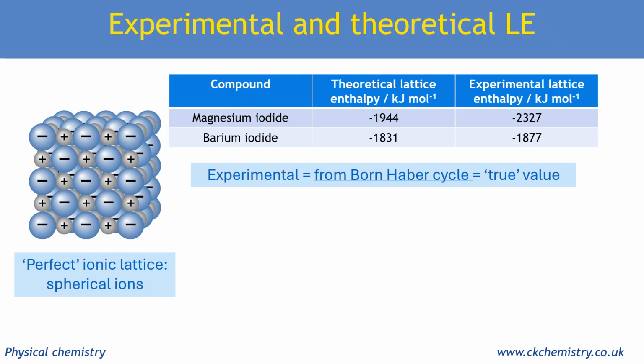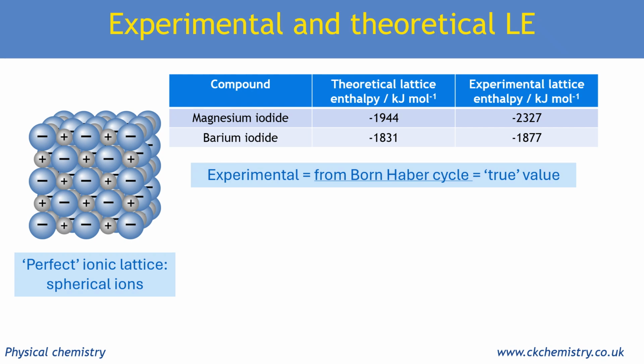Now that is a relative charge. We could actually put a value in coulombs on that. We could put a value of the radius in nanometers. We could work out the volume over which those coulombs of charge are spread. And what we could actually do is work out the force of attraction between the ions and how they're arranged in the lattice. So a computer can do that.